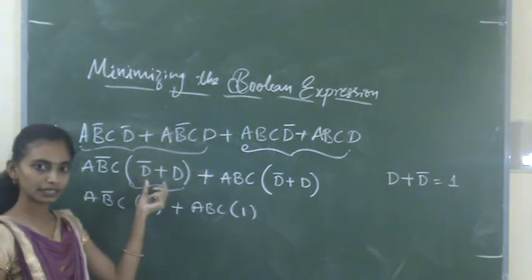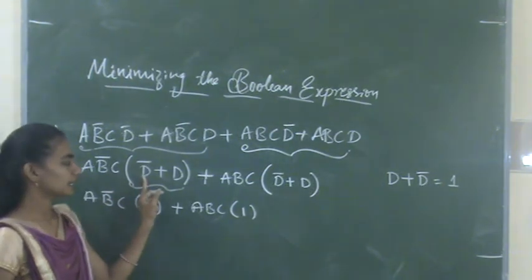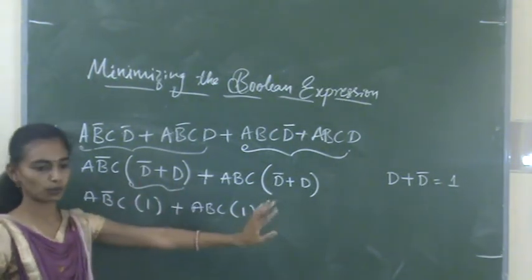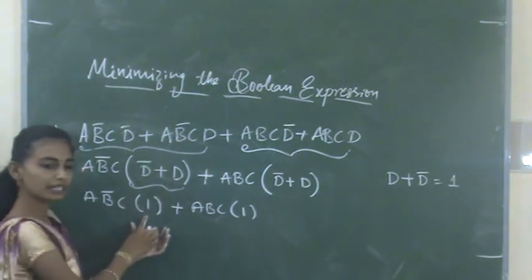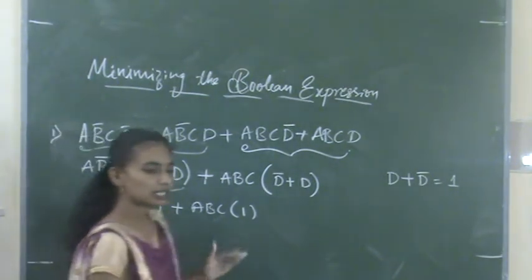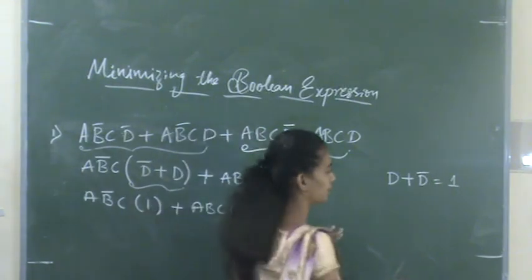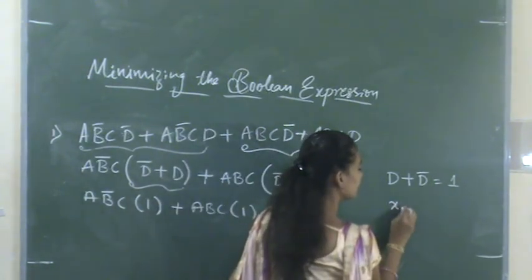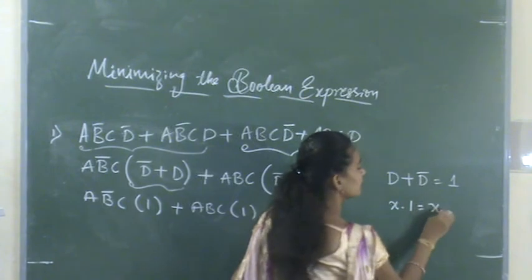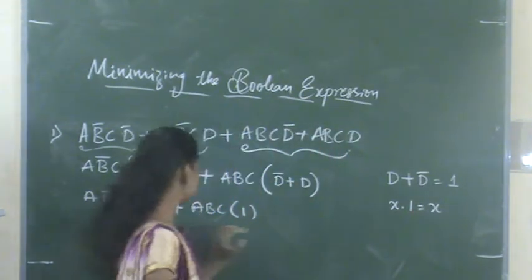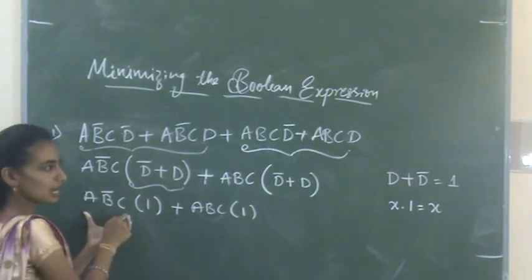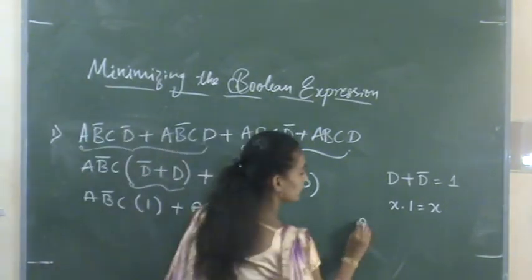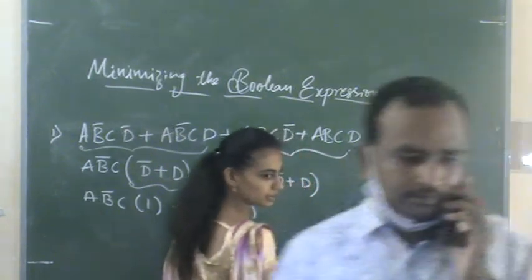According to the complementary law, D bar plus D is equal to 1. And then according to the property of 1, we know that X into 1 is equal to X, right? Here the value of X is A B bar C.